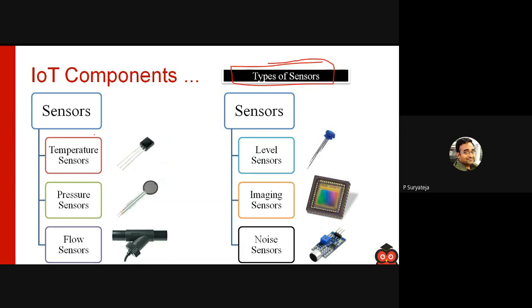How this classification is done is based on the type of physical phenomena the sensors are sensing. So we have temperature sensors, which monitor the temperature. This is an example of a temperature sensor. And we can have pressure sensors, which will monitor the pressure, like air pressure, gas pressure, or pressure exerted by water.